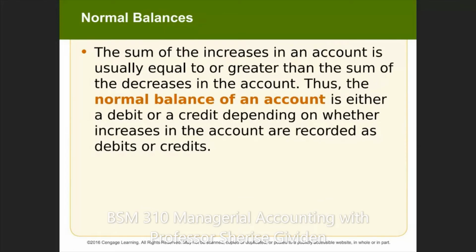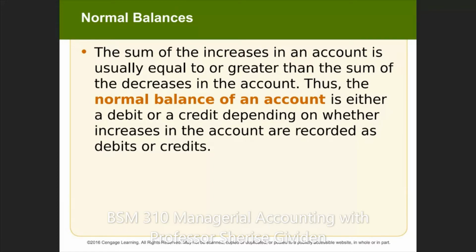The sum of all the increases in an account is usually equal to or greater than the sum of the decreases in the account. Thus, the normal balance of an account is either a debit or a credit depending on whether the increases in the account are recorded as debits or credits.